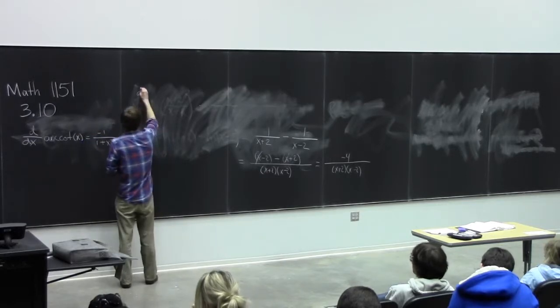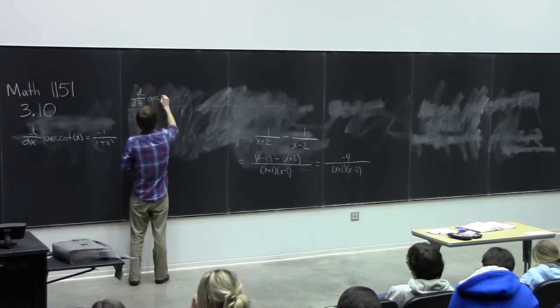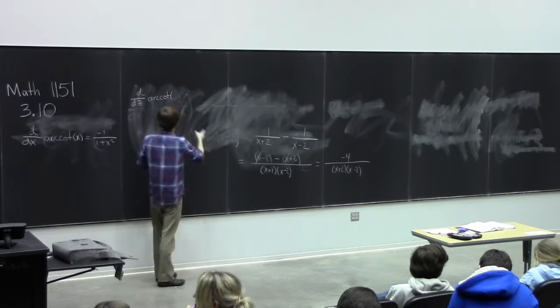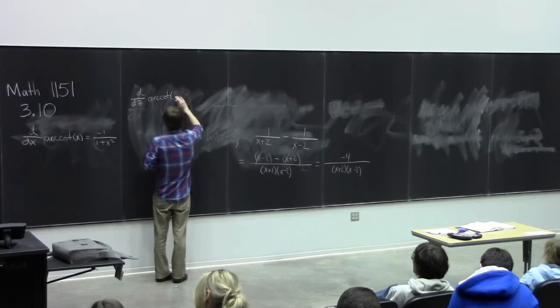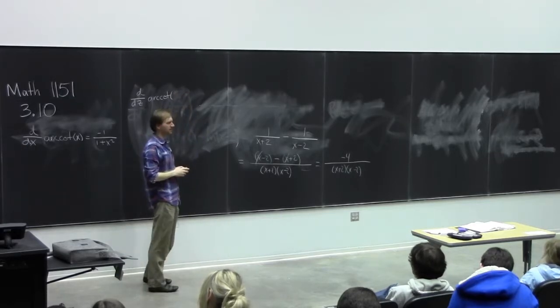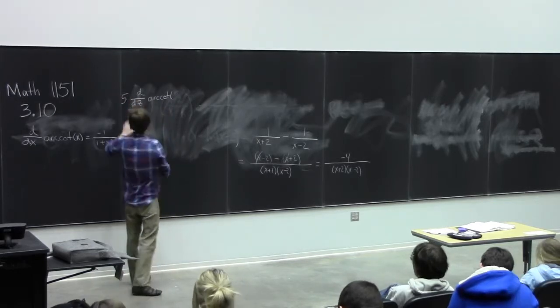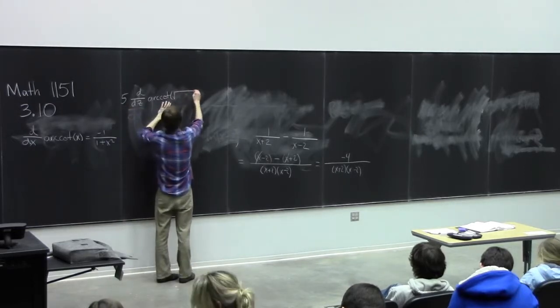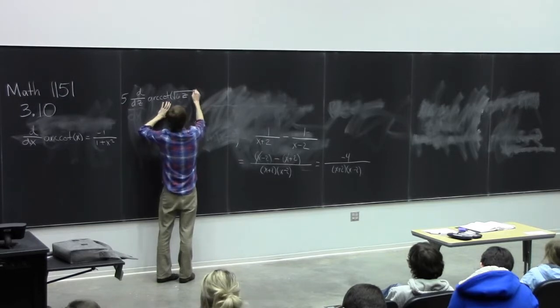I believe them, I guess. d over dz of arc cotangent of, what is it again? Whoa, I lost it all. So there's a 5 in front, I'll put the 5 right here. And then it's square root of 6z, right there, like that.